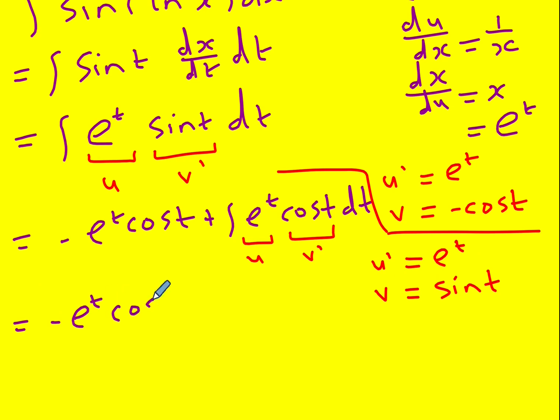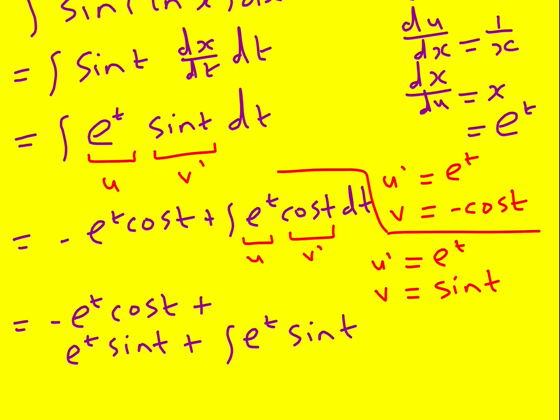So I'm going to carry on this through: minus e to the t cos t plus, and then it's going to be uv, so it's e to the t sine t, minus the integral of e to the t times sine t.